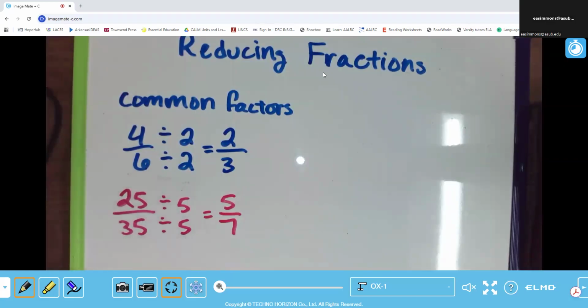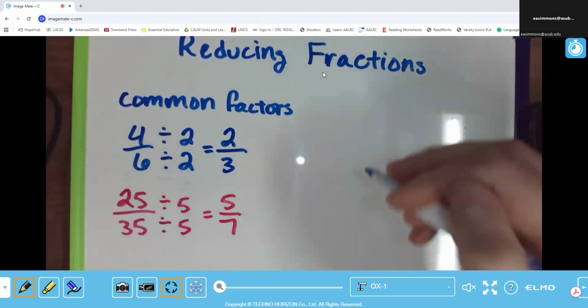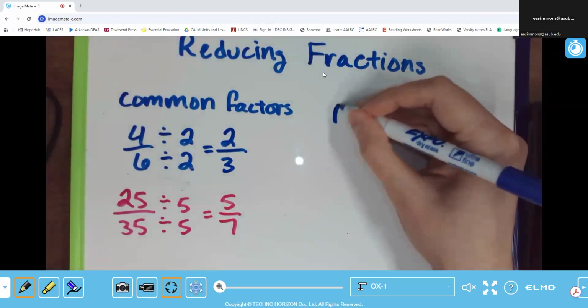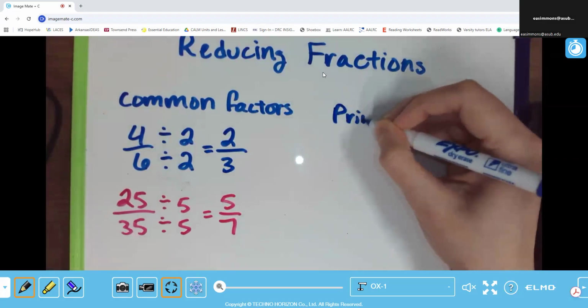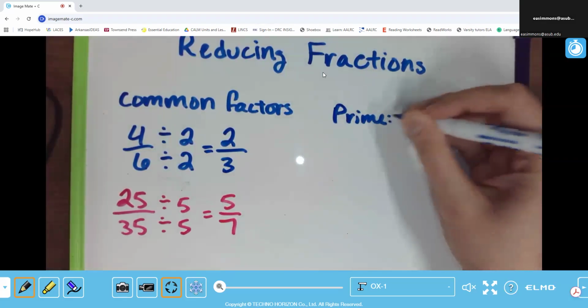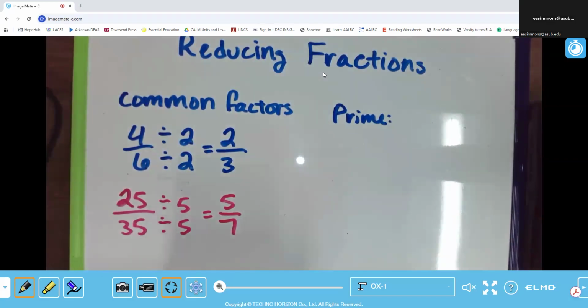And when I say simplest terms, one thing that helps me know if we're in simplest terms is if we have prime numbers. If one of our numbers is prime, then we couldn't simplify if the other number can't be divided by that prime number.